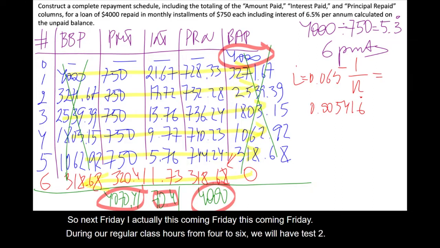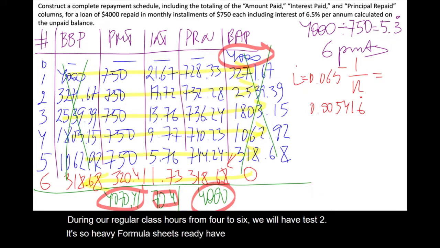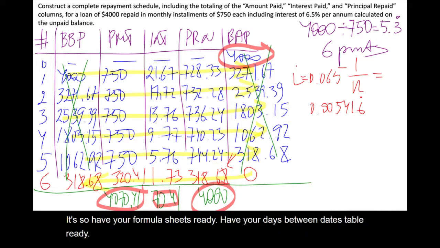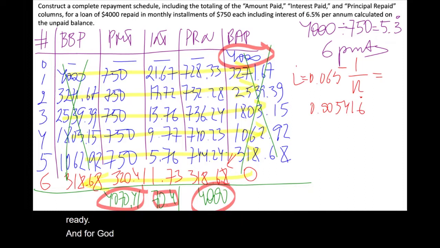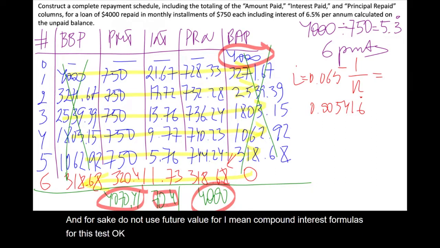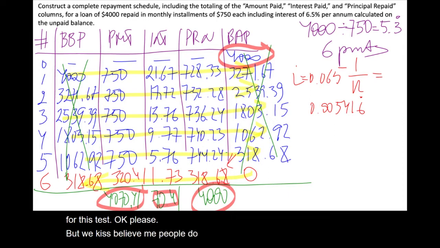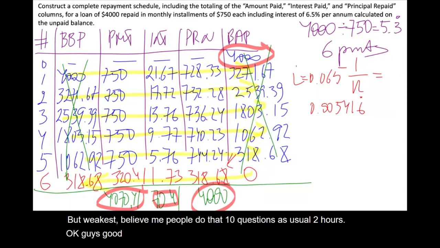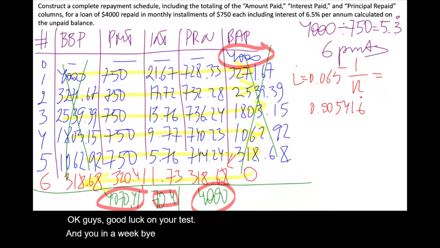Have your formula sheets ready, have your days between dates table ready, and for God's sake, do not use future value compound interest formulas for this test, okay? Please. Because believe me, people do that. 10 questions as usual, 2 hours. Good luck on the test and see you in a week.